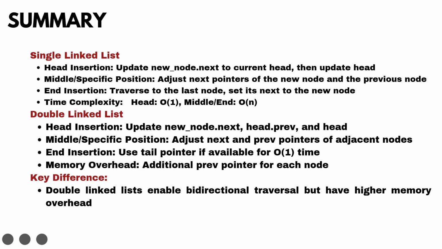And when we talk of insertion at any position, that is the middle or any position in that list, it would be order of n. And the key difference between single and double linked list is that a double linked list offers us the flexibility to traverse in both directions, but it comes with some cost, that is we have to maintain additional pointers.